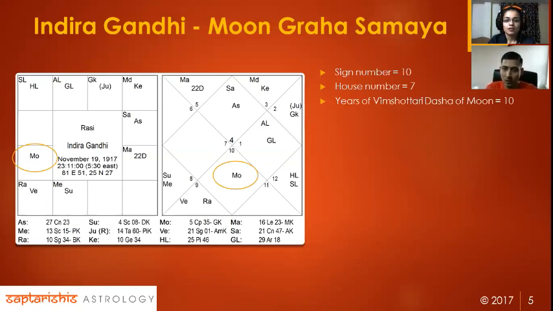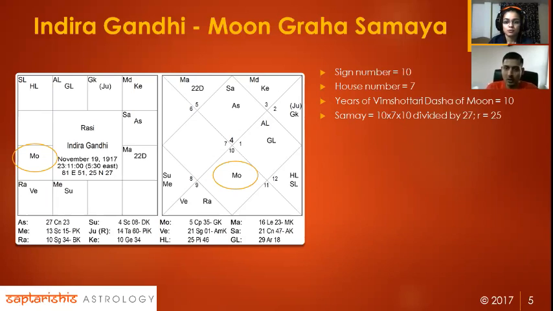Then the Vimshottari dasha of Moon is 10 years. The next step is to multiply all these three numbers, 10 into 7 into 10, and divide by 27 and see what the remainder is.